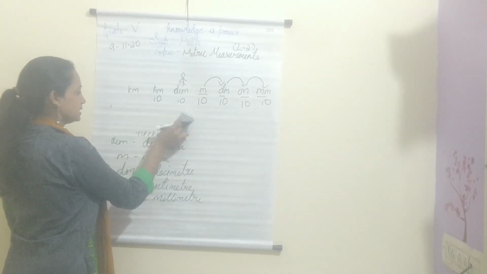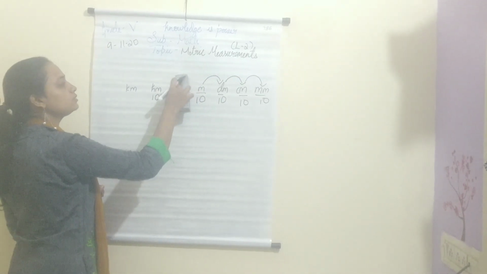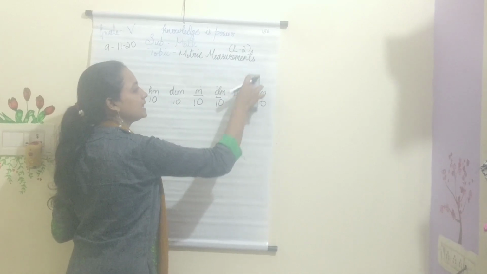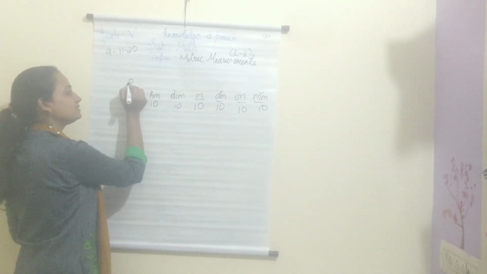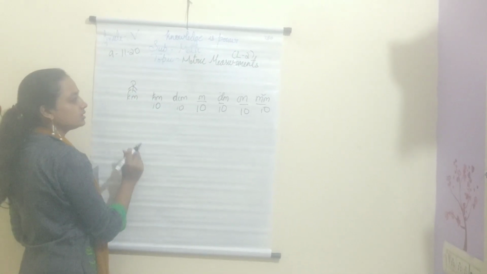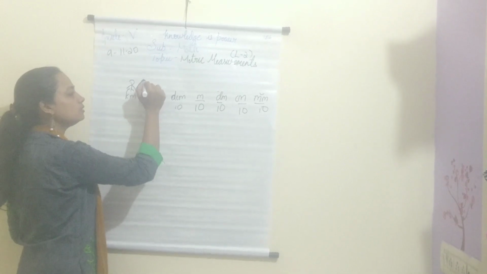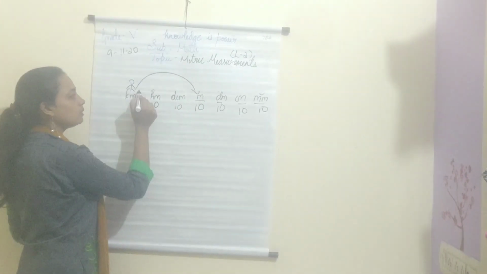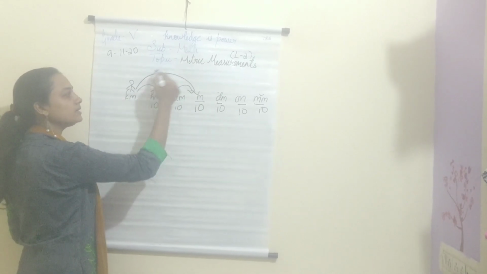And one more thing is, now I don't want to jump one step at a time. I want to jump many steps in one jump. Example, now I am standing in kilometers. I don't want HM. I am jumping to meters now. How many steps? 1, 2, 3. These 3 steps I am jumping at a time.